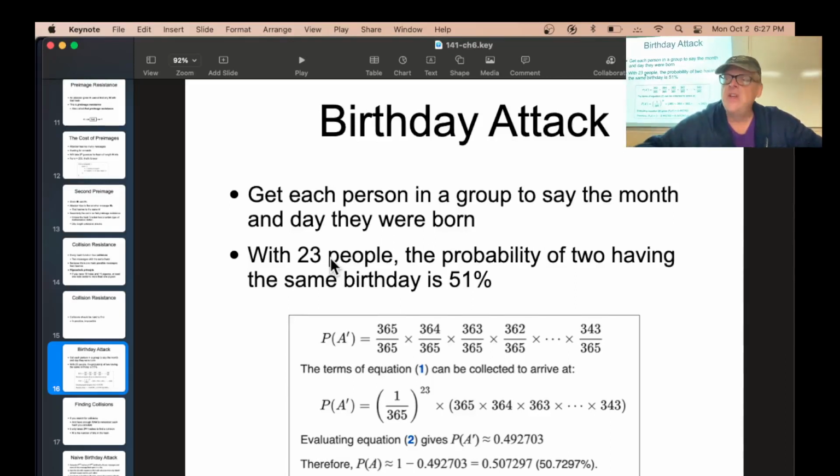It's actually 23 times 22 over 2 pairs of students, and that means there are a lot more chances of 2 of them matching. And so with 23 people, it is more likely than not that 2 of them have the same birthday, because you didn't specify the birthday. Now, if I picked a day, like January 1, and asked whether anybody is born on January 1, that is the preimage resistance attack, and now I'm going to need about 180 students before somebody is likely to have that particular date.